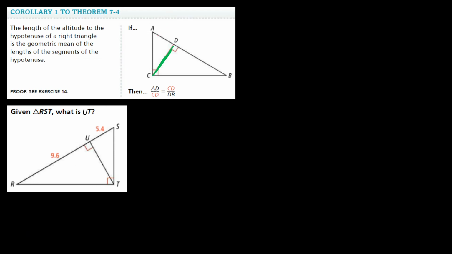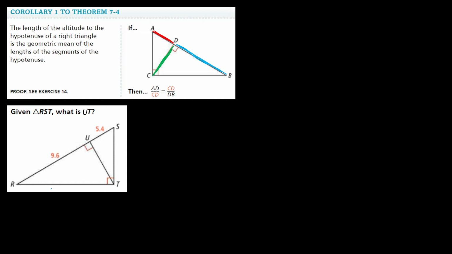So CD is the geometric mean of AD and DB. And you'll notice we set up a proportion that way. Notice that CD, the altitude, is going to be the cross product, and AD and DB are opposite from each other as well.